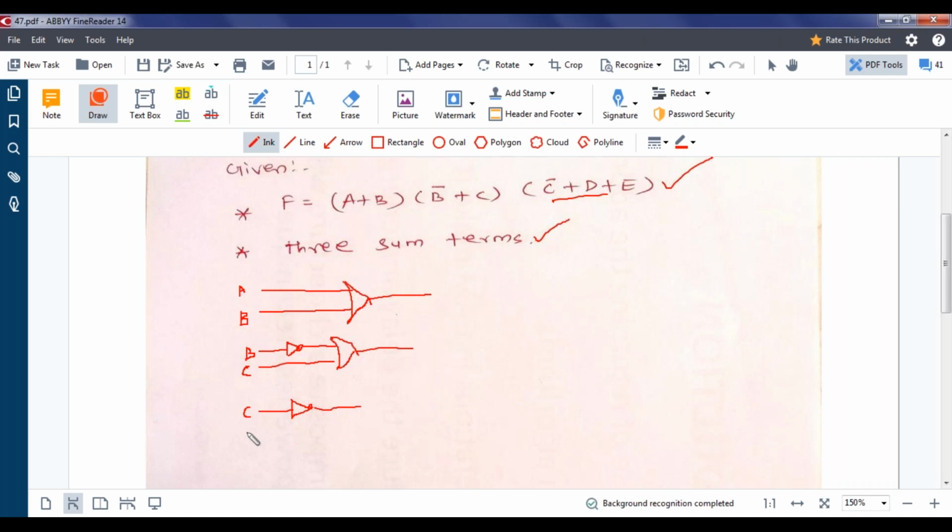Next, take a line from D, then take a line from E. Finally you want to give all the values to the OR gate because this is C bar plus D plus E. Since there is a plus, we want to give all the values to the OR gate.